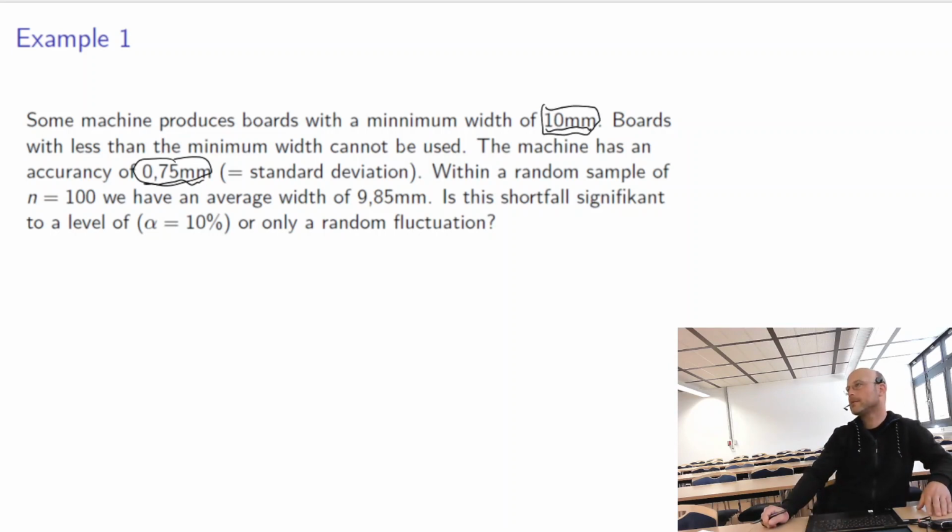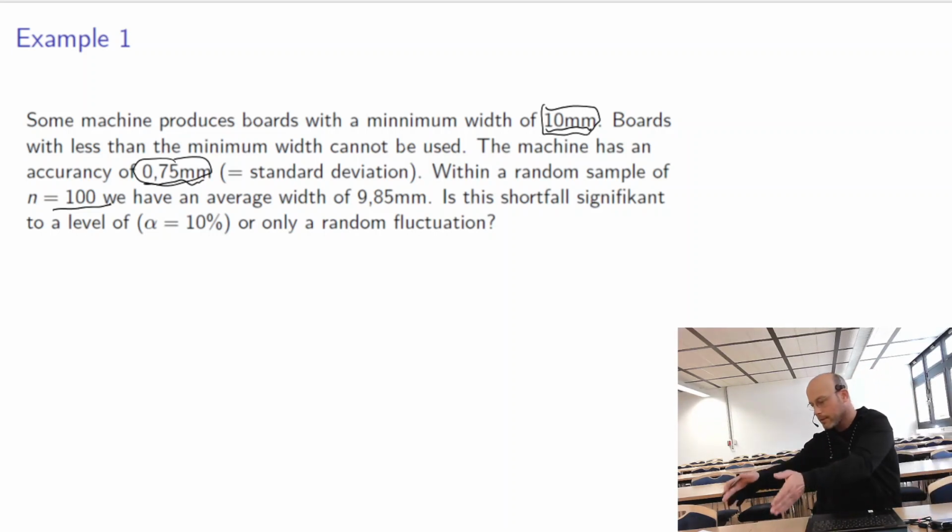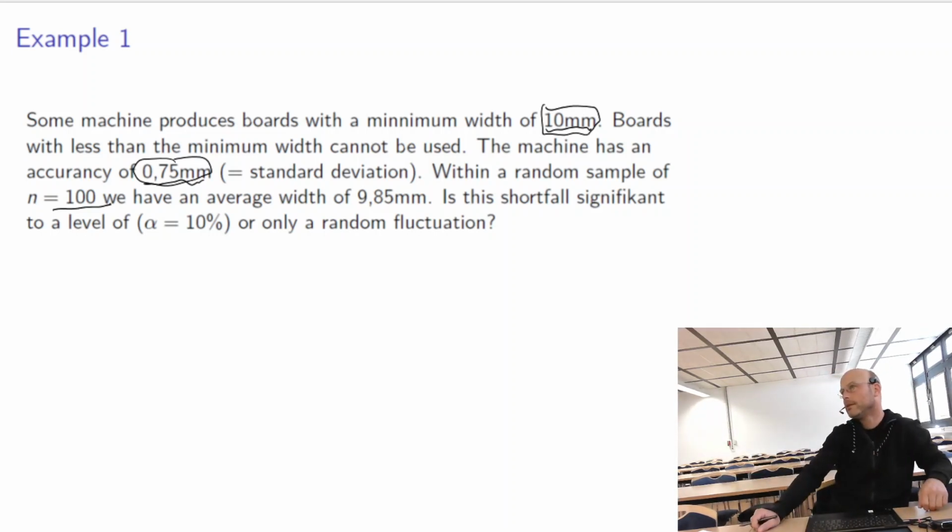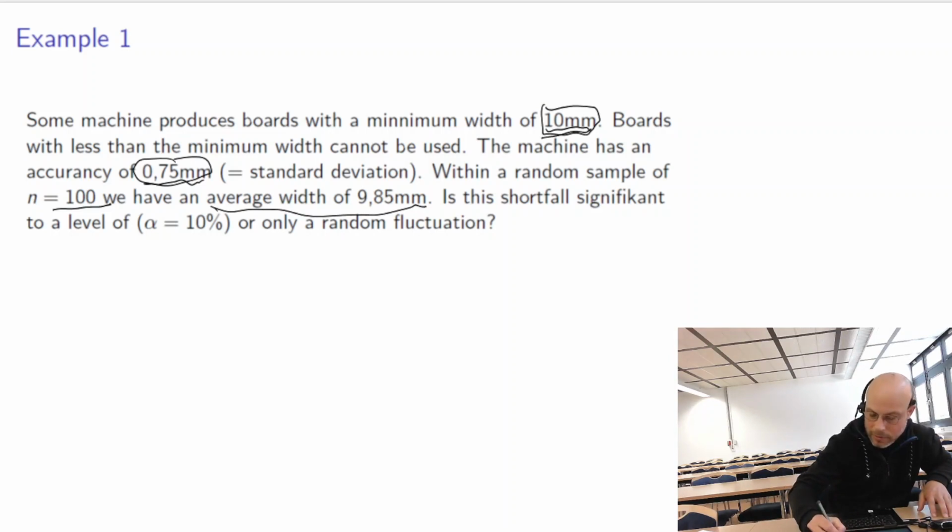We want 10 millimeters, and then we have a sample of 100 boards, and we just measure the length of our 100 boards. And then we see that the average width of our boards is not 10 millimeters.